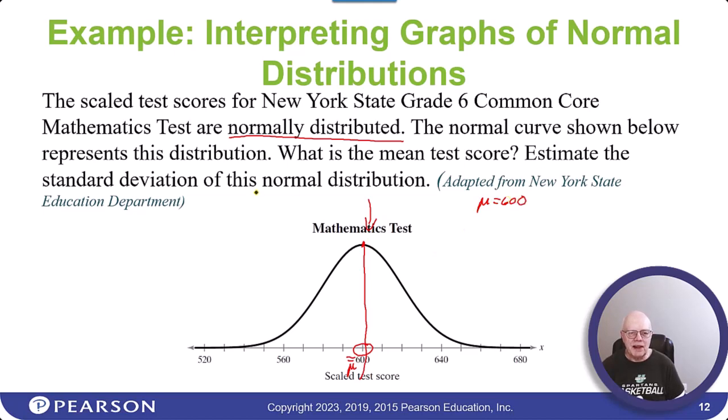Estimate the standard deviation. Okay, this is a lot trickier though. Remember, the standard deviation happens at the point of inflection. So we'll go up here to the peak and we'll slide down to the right. Now notice it gets steeper and steeper. Where do you think it starts to level off?